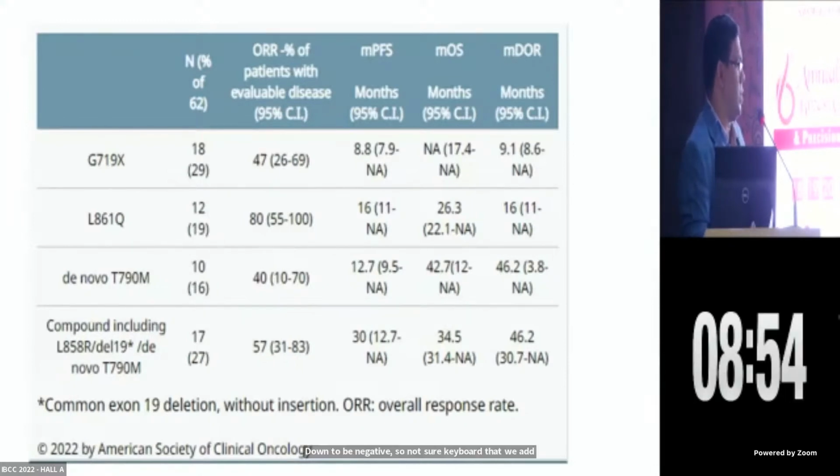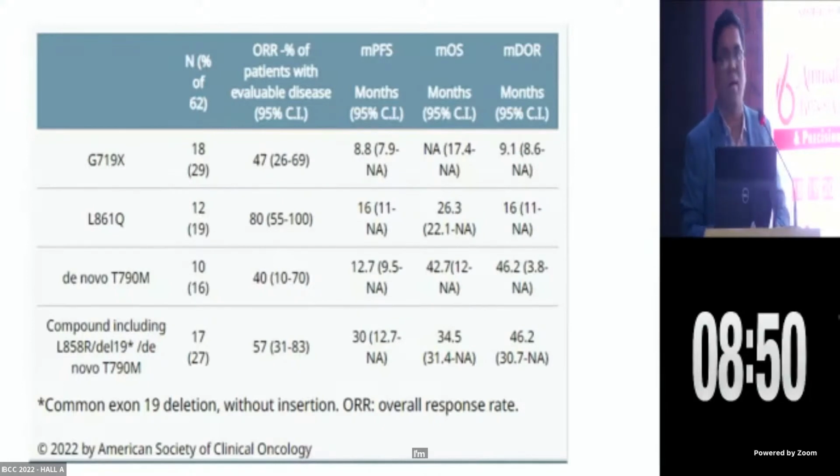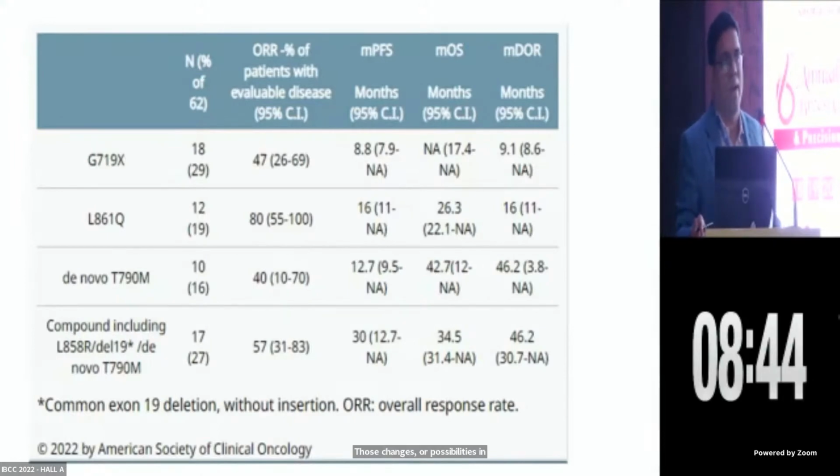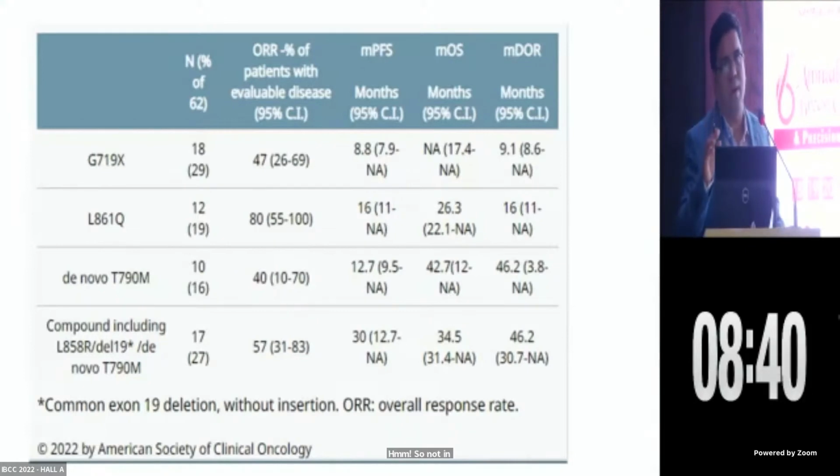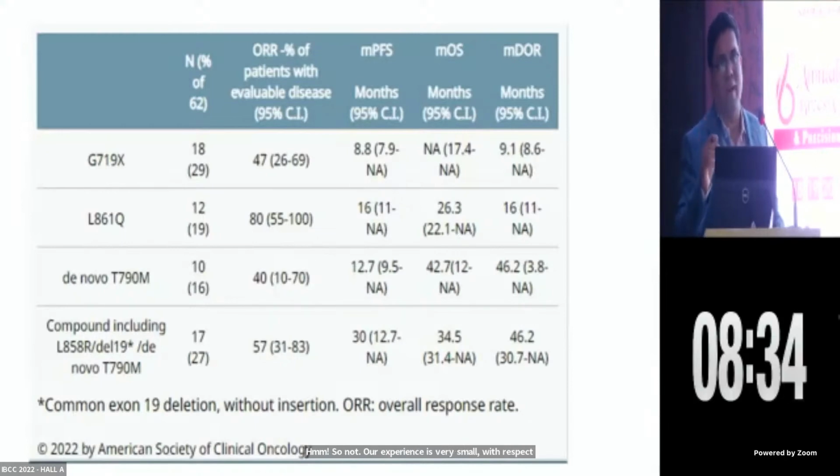Dr. Vijay, any dose changes of osimertinib in uncommon mutations? Our experience is very small with respect to uncommon mutations, and with osimertinib it is much smaller, so I cannot tell you that. I can tell you another thing, which is not for uncommon mutations.